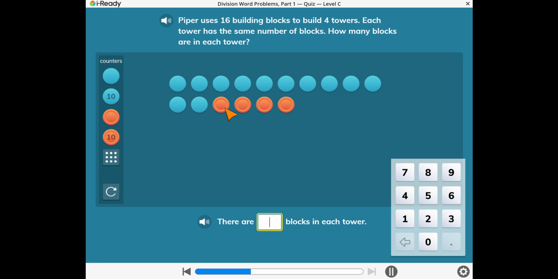So 6. Then 4. Should I get orange? 1, 2, 3, 4. I'm going to put it a little lower than that.